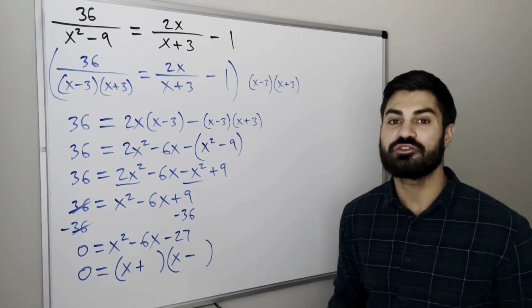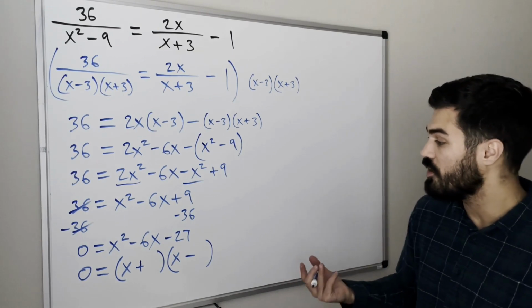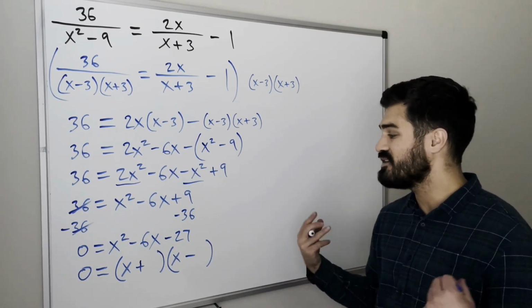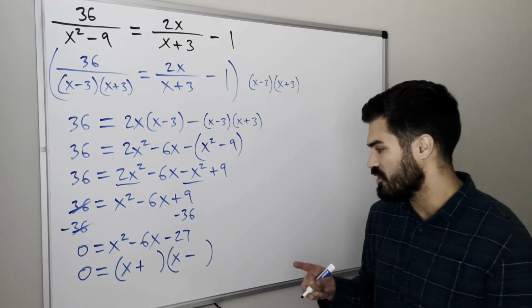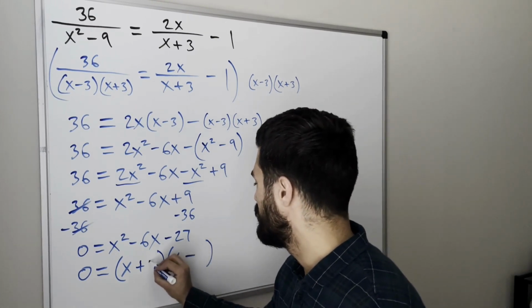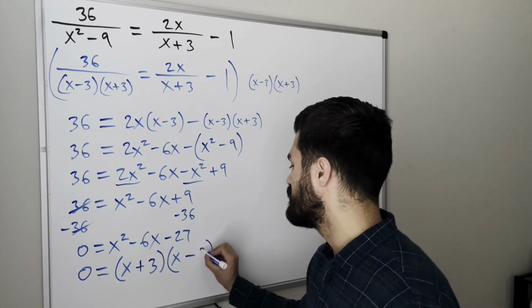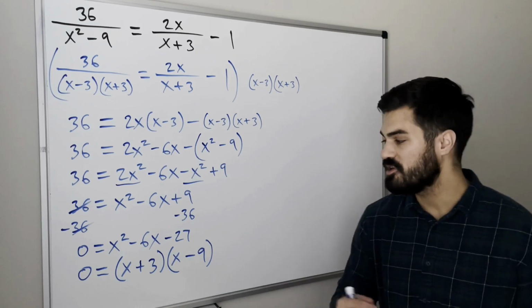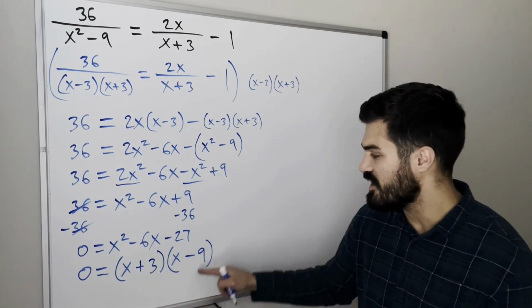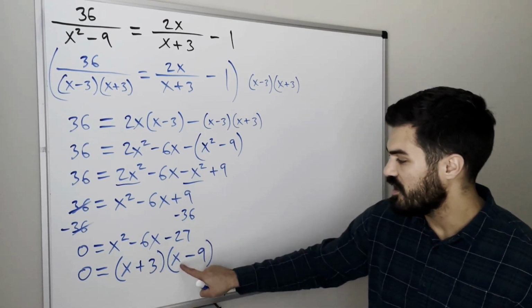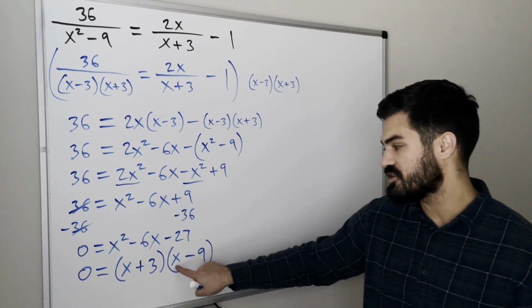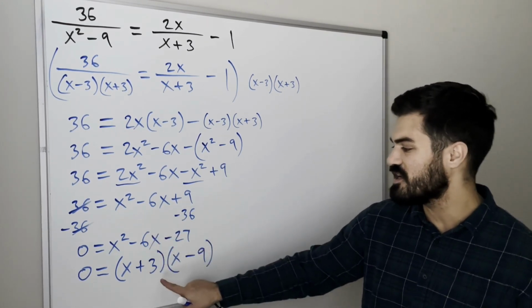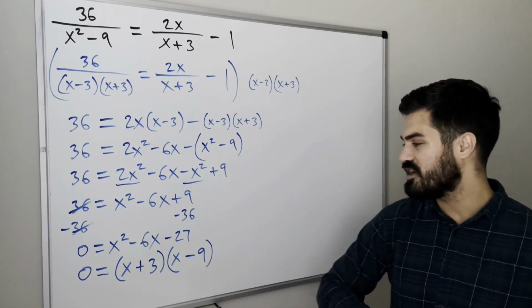So let's think of factors of 27. We have 27 and 1. We have 9 and 3. I think that's actually going to work. Plus 3 minus 9. How can we double check it? Well, we can multiply this out and see if we get to here. We're going to get x squared minus 9x plus 3x. That's going to give us that minus 6x and then the negative 27 at the end.